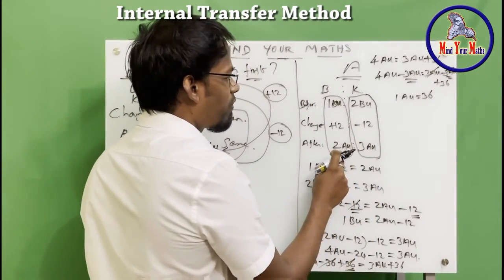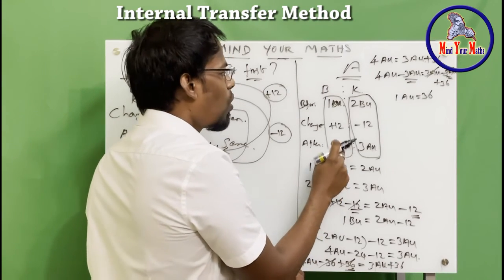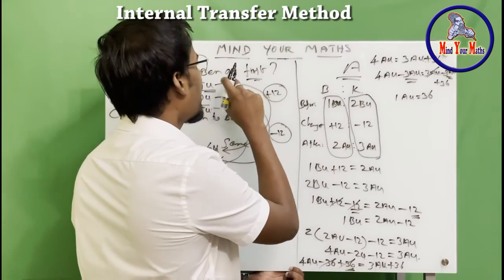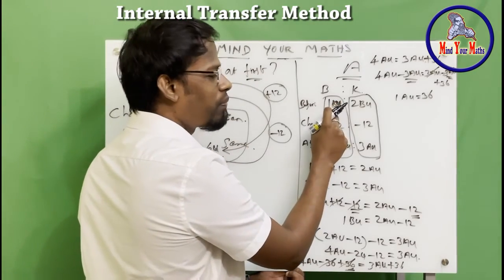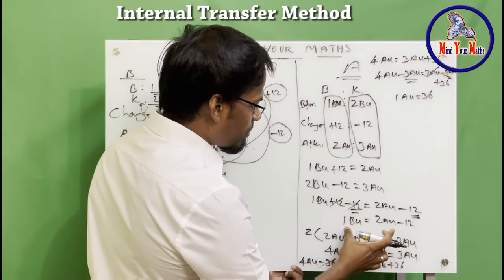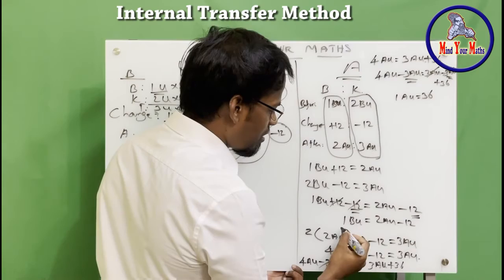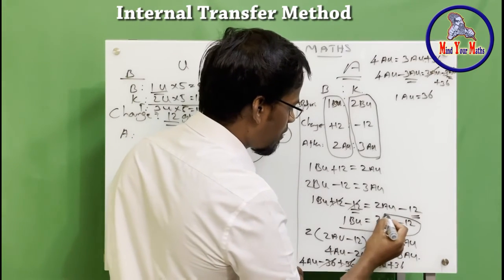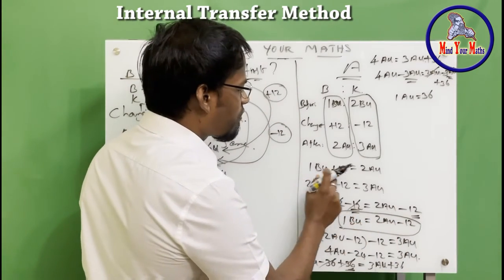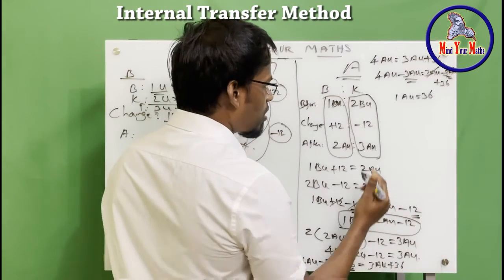We found 1 after unit, but what do we need to actually find as per the problem? 1 before unit, what Ben had at first, which is 1 before unit. So what is 1 before unit? We can substitute the 1 after unit value in this equation itself, right? We can start from here also, but let's substitute in this equation itself, right?